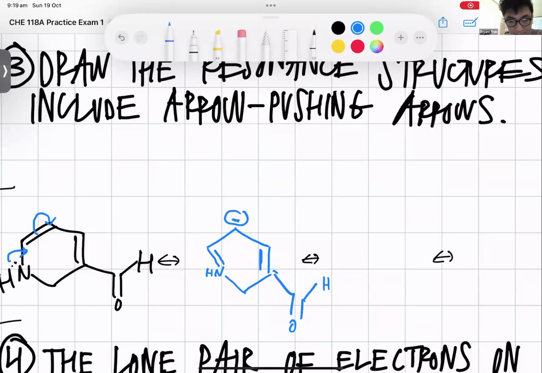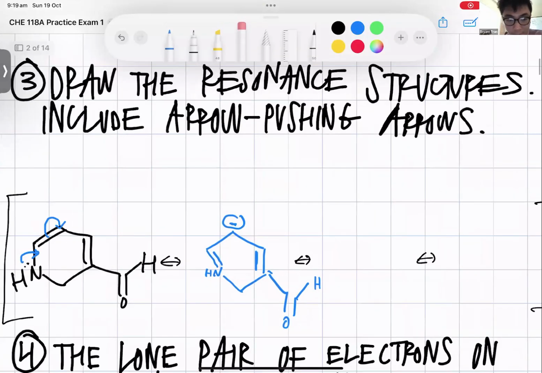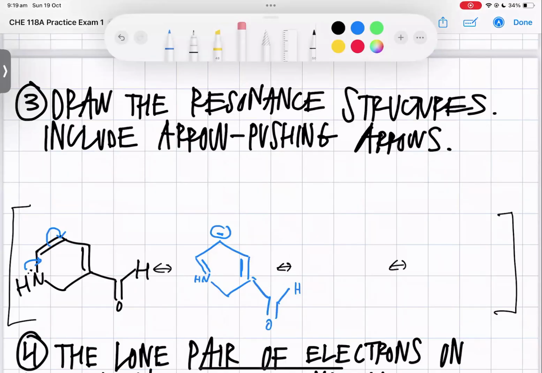Okay. Yeah, nice. And there's one formal charge missing because we want the overall charge of each resonance structure to be the same, right? The first structure is neutral. We want this structure to also be neutral. And you don't have to include that bracket right there because there's already a bracket included for you on all resonance structures, on the very left and the very right.